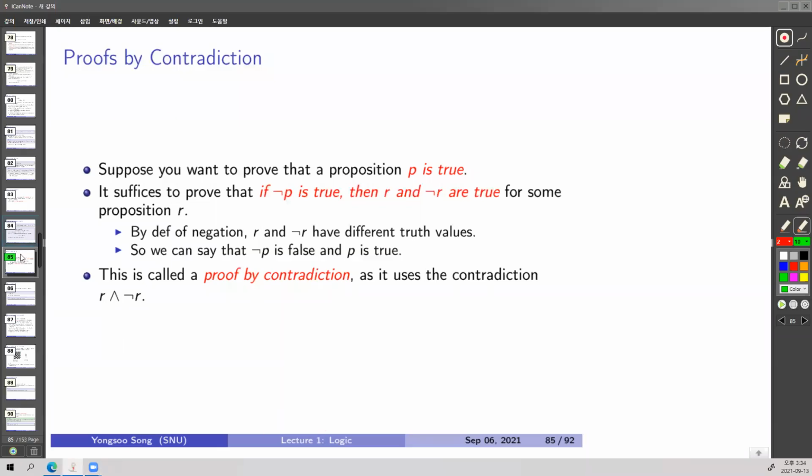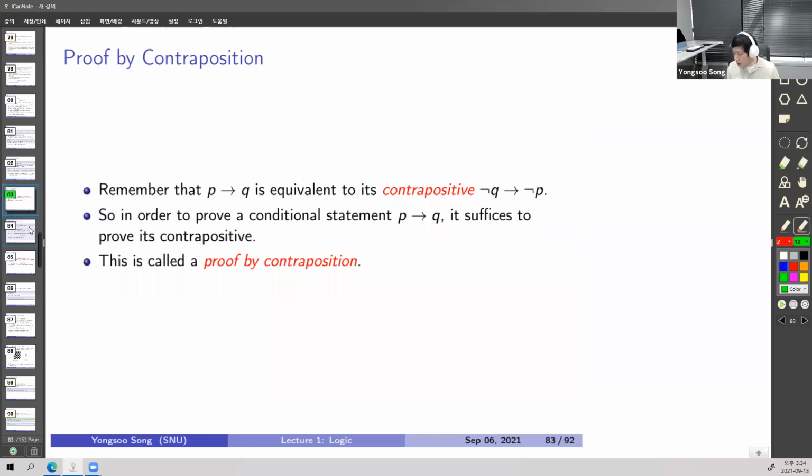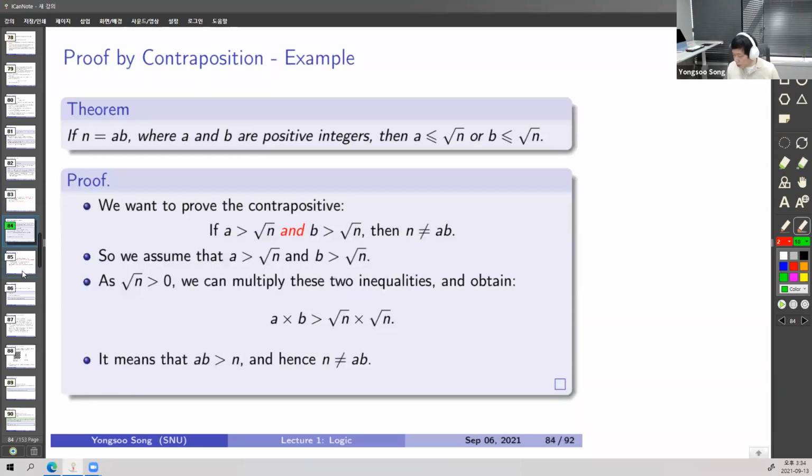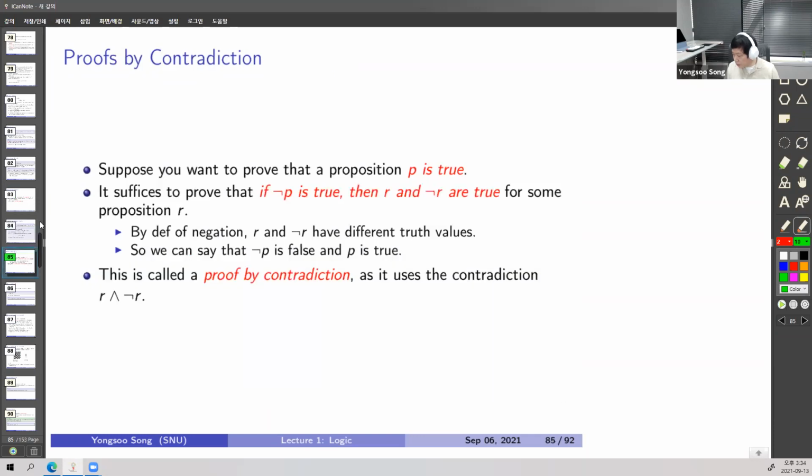Okay, so last time we studied proof by contraposition, and also we studied proof by contradiction. In the case of proof by contradiction, we basically assume that the conclusion is false and deduce that it cannot be true.